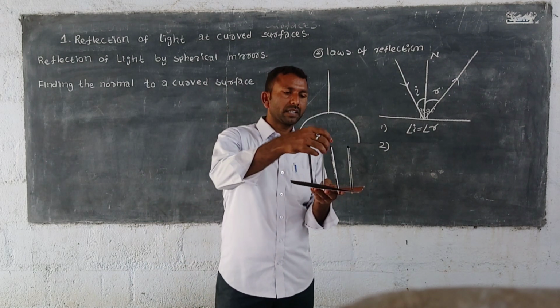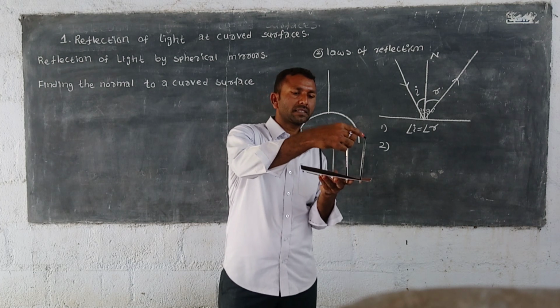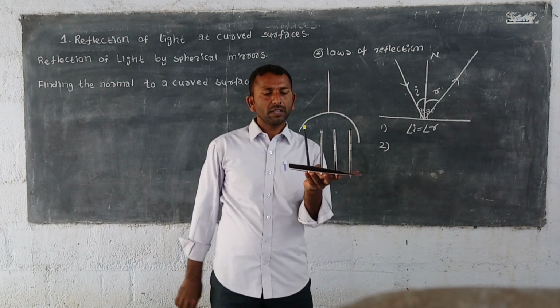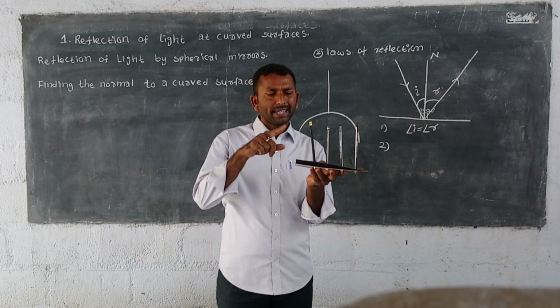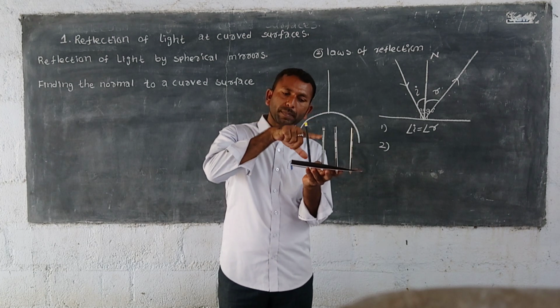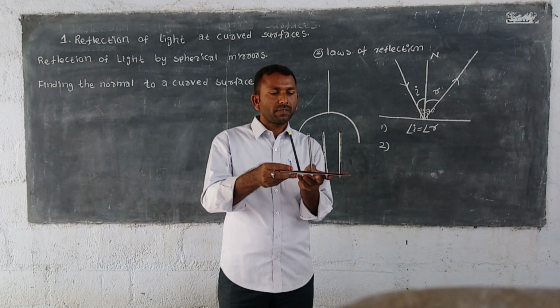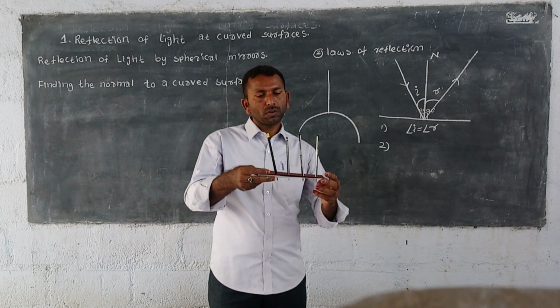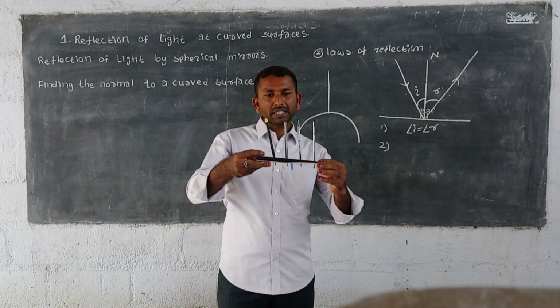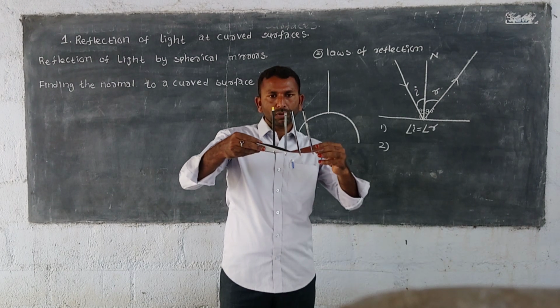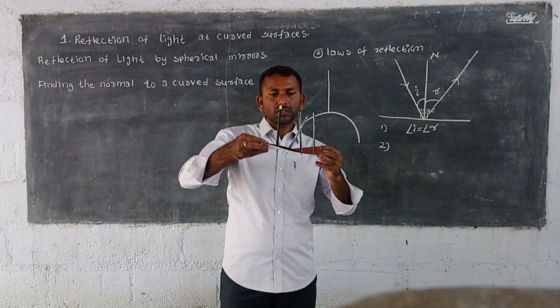You can observe here all the pencils are perpendicular to the foam. Yes or no? Yes, all the pins are perpendicular to this foam, and in the first case we have to bend the foam inwards. What we are doing here means I am bending the foam inwards. What is happening, you can see here.